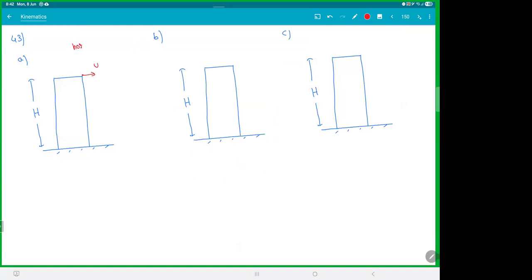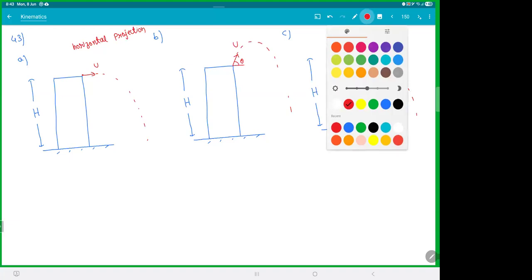So this is horizontal projection. It will go and land somewhere here. Now let's say you project a particle with the same speed u, but this time upward at an angle theta. It'll again land somewhere here. Then you project with the same speed u, but downward.